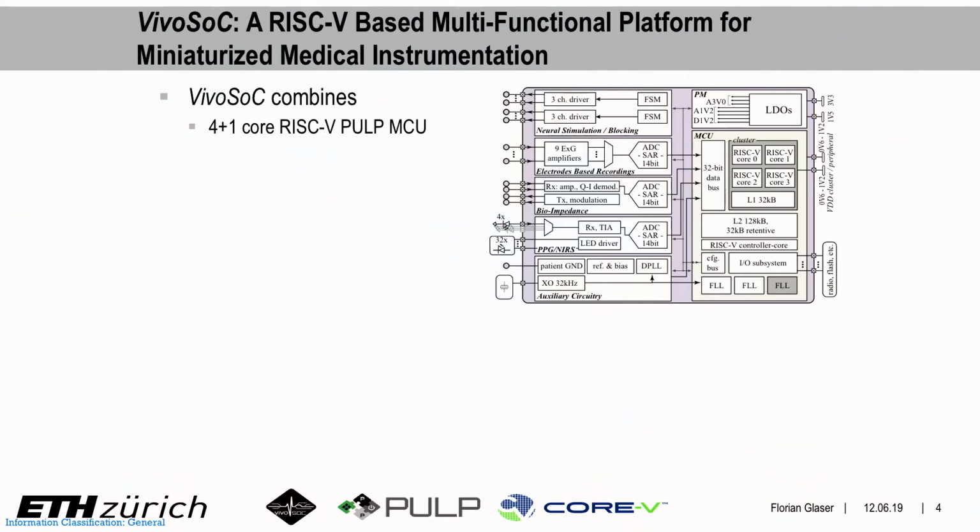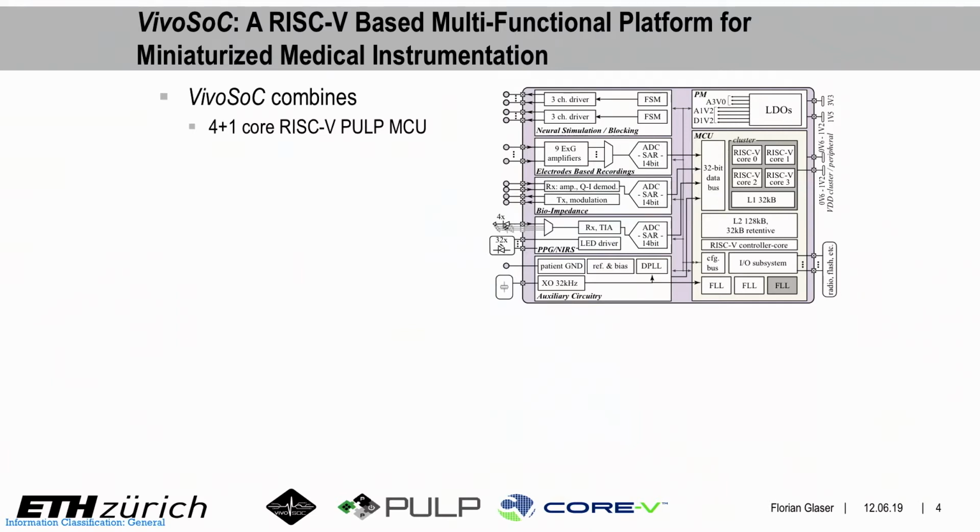Okay, hi everyone. My name is Florian Glaser from the Pulp team here at ETH Zurich, and I'm going to present VivoSoc today, which is a RISC-V based mixed signal ASIC for miniaturized medical instrumentation.